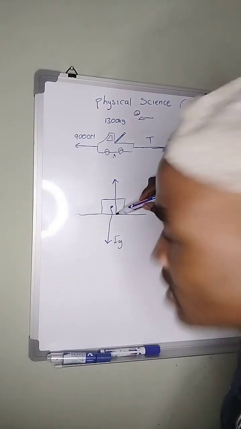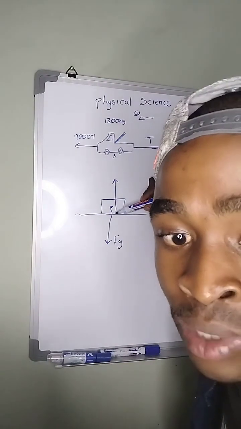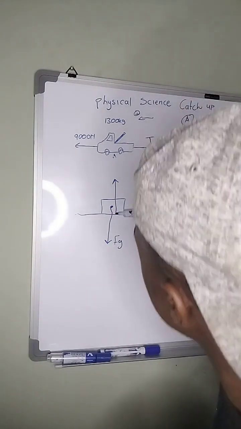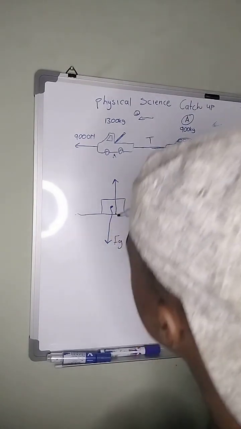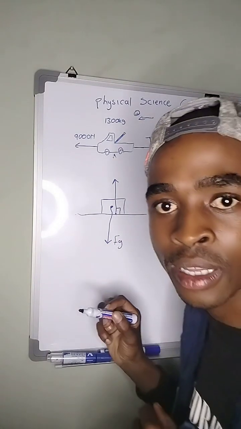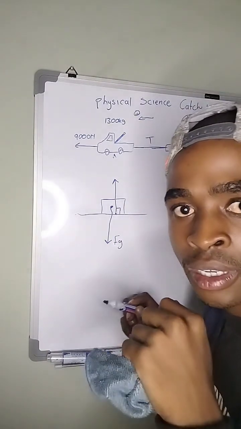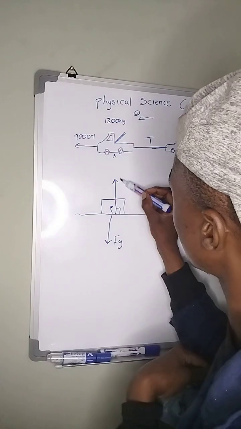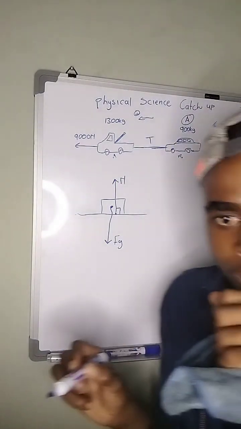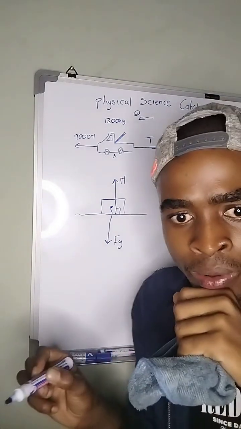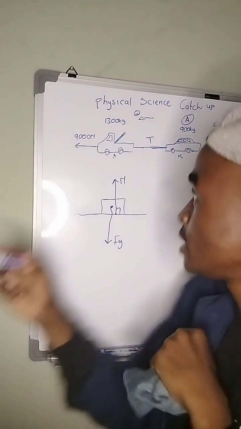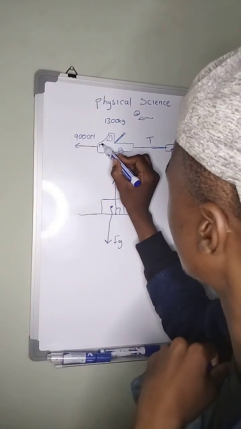So the FG goes from the center to the center of the earth. Obviously the resistive force acts relative to the surface, so it acts from the surface upwards, and it has to be perpendicular. This force is going to be the normal force. Now you can see the engine is positioned here.